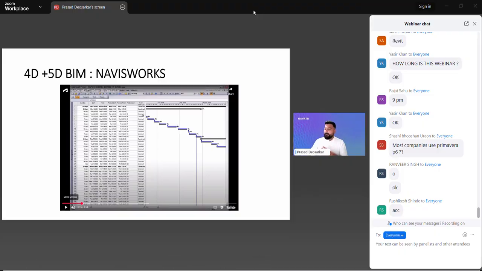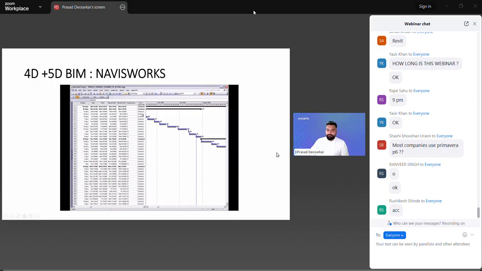So that bridge can be in the form of a text, in the form of a number, in the form of a parameter. So, okay, identify one parameter on this software, identify one parameter on that software, and let's link them both together using this parameter. Okay. So this is how these things work. This is how 4D simulations work. This is how 5D quantity takeoffs work. So what you see here, the task type that they have defined in the particular construction program is the particular thing that is going to be linked with my particular BIM model.